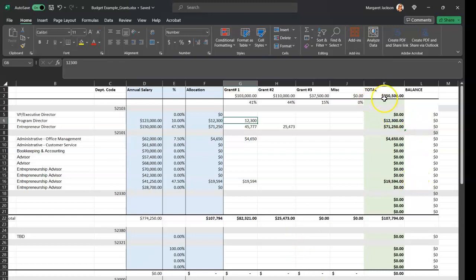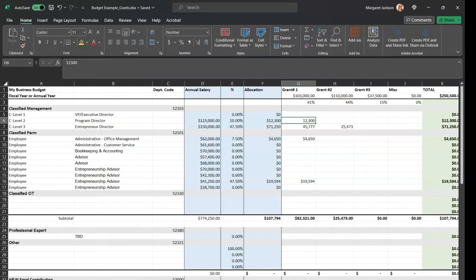And so you have the total amount of funding that's been allocated, and then how everyone's getting paid through those different funding amounts. If you see 0%, they're not getting paid out of any of the funding that would come out of those grants.